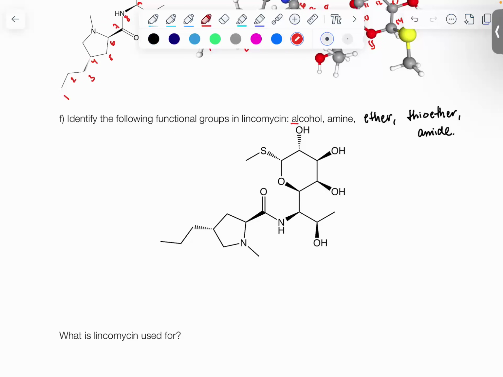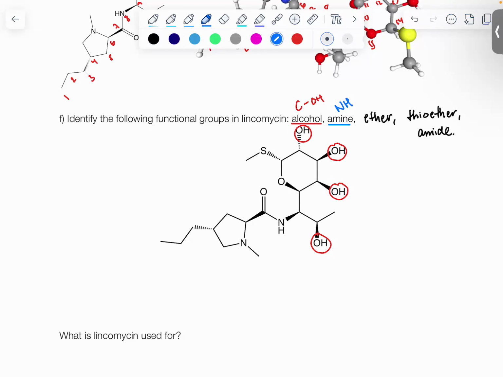So I'll do a little color coordination here. Our alcohol functional groups are going to be C-OH, and then amines are nitrogens.